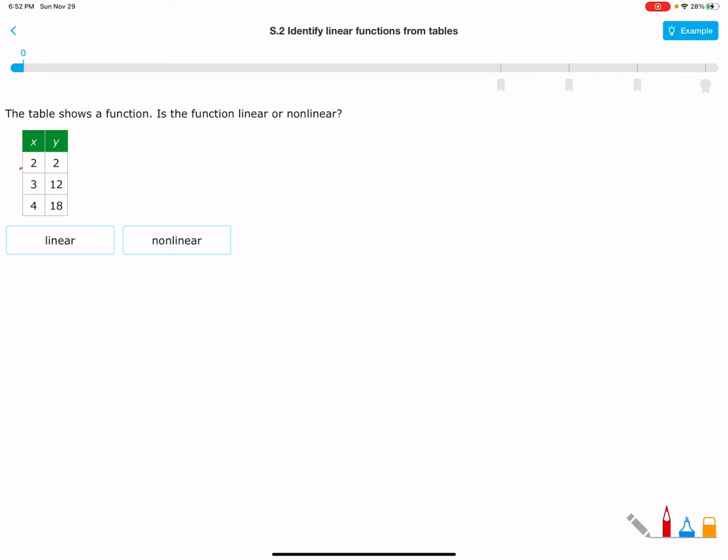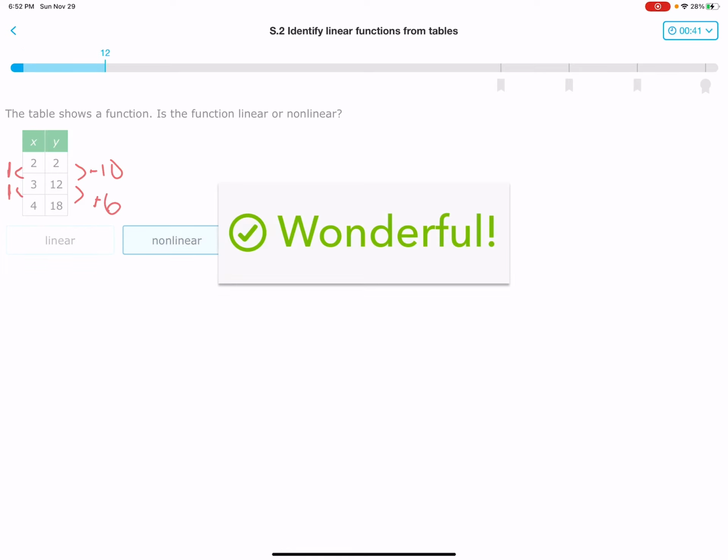These are going up by 1, that's a constant rate. And then this side, 2 to 12, we add 10. 12 to 8, we add 6. Is this constant? It is not. Therefore, it is non-linear.